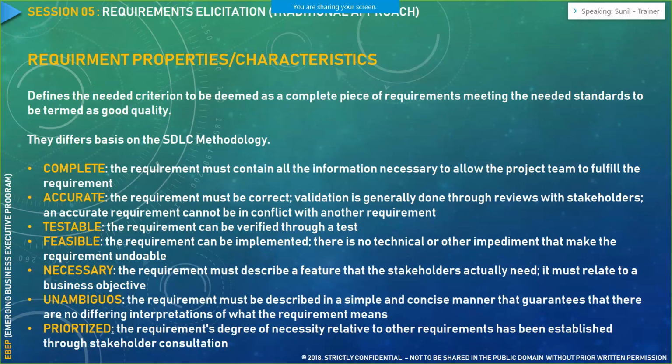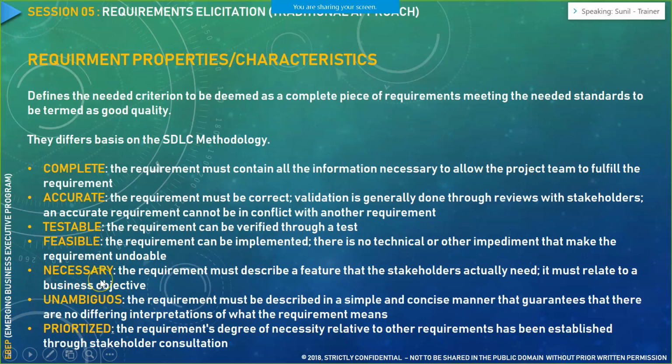For example, improving performance means the page should be loaded within 5 seconds, or if I am requesting something to the system, the response should be coming to me within 10 seconds. So that is something which is feasible to implement. If you write the requirement like the system should be having a high performance standard or it should improve performance, those are the requirements which is not feasible to implement. So you need to take care of that part as well.